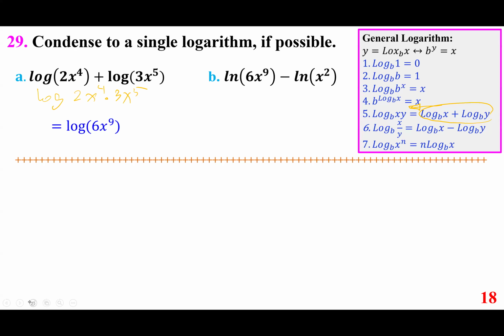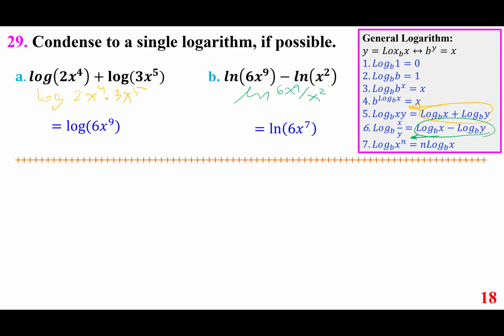For part B, we're going to use number 6, and we're going to go from right to left. It becomes ln of 6x to the power of 9 over x squared.